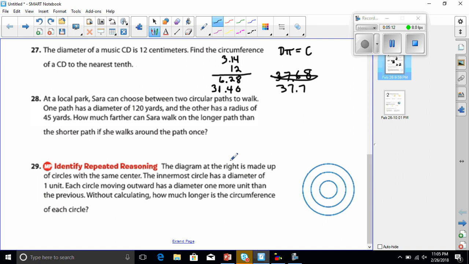All right, the diameter at the right is made up of circles with the same center. The innermost circle has a diameter of 1. All right, so the diameter here is 1. Each circle moving outward has a diameter 1 more unit than the previous. So that's telling us this is going to be 2.